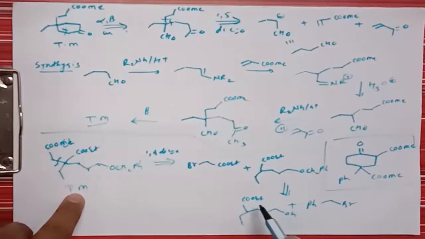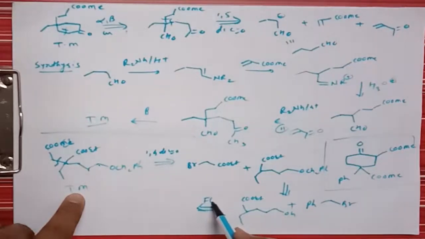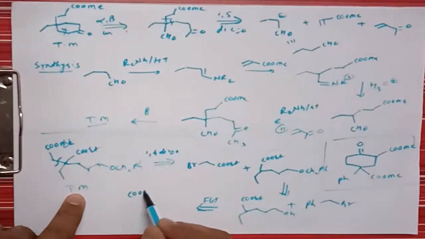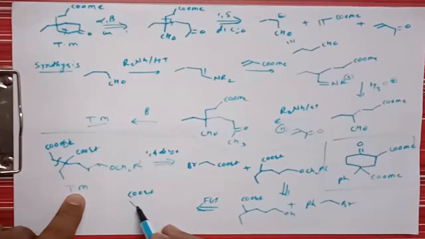Now if you see, it is a 1,5 dioxygenated pattern, but here we can use a 1,5 dicarbonyl compound, therefore we can go for functional group interconversion, that means alcohol will be converted into the aldehyde. Then what does it give? It gives COOEt, then CH CH2 CH2 CH2, then here is CHO, and here the molecule will be the same.